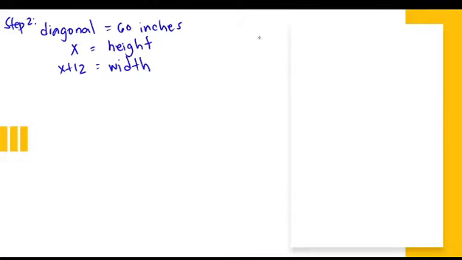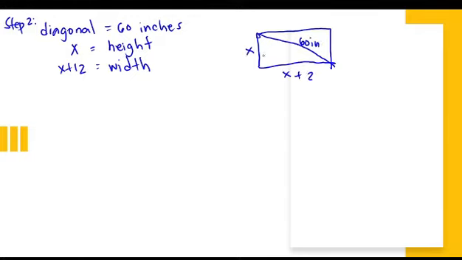We are now going to devise a plan. Let's go back with the illustration. So this is the 60-inch. And then this is x, and this is x plus 12. As we can see here, since this is a rectangle, this is a right angle, most probably. So we have a right triangle here, no?